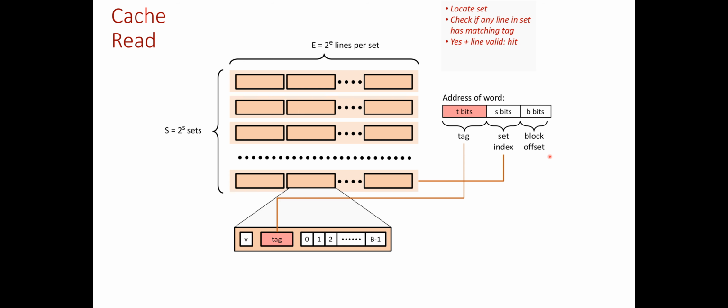And we can go ahead and grab it, as long as the valid bit is also set. So we have to have both the matching tag and the valid bit, and then we get a hit. And then we can take the block offset over here and go down to the exact data byte address and begin getting the data from there. Okay, so that's the general idea of how we might read from cache.